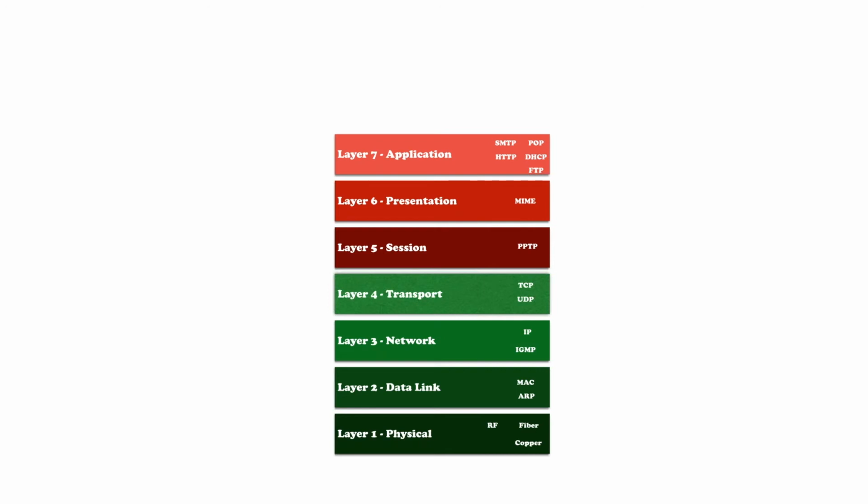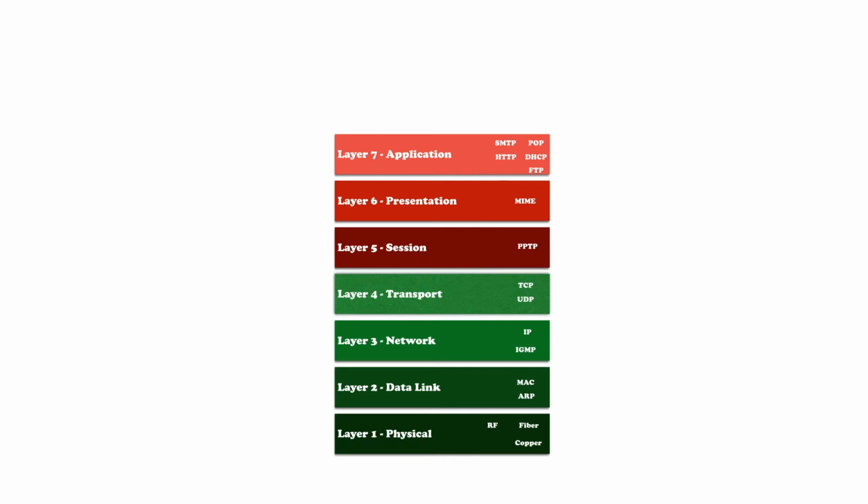And you'll notice that a lot of these rules end in the letter P. No guesses for what that stands for, of course. It's protocol. So we've got some popular rules in there that we may have heard of before. DHCP, Dynamic Host Configuration Protocol, lives at layer 7 there, and Post Office Protocol also at layer 7. We've got the world famous IP, Internet Protocol, down there at layer 3.